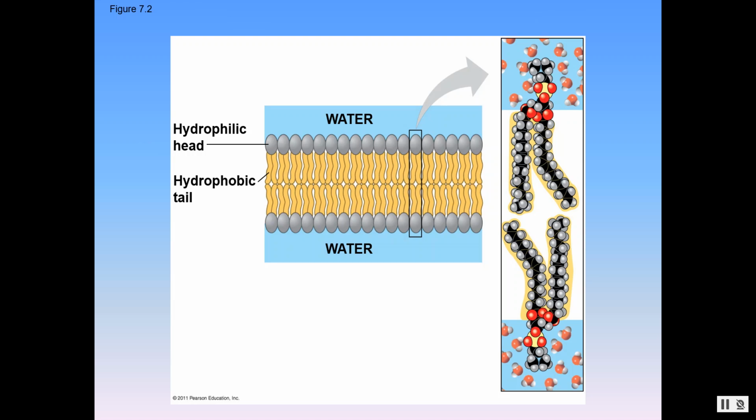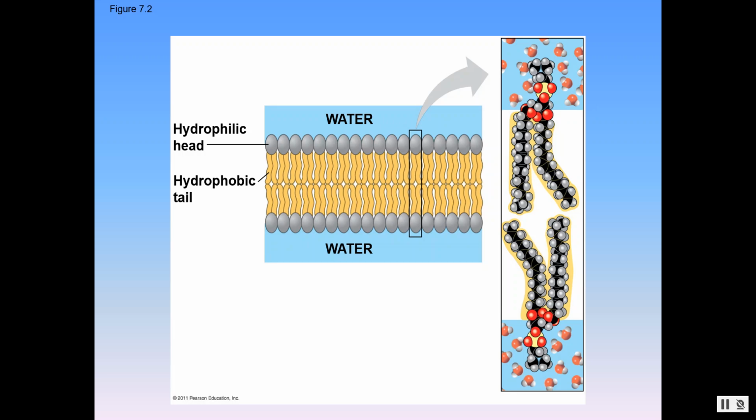So remembering from chapter 3, when we talked about the molecules of cells, we have these phospholipids, and here the phospholipid is the gray oval with the two yellow fatty acid tails. Its hydrophilic head end, or the polar phosphate head, being polar, will interact well with water.